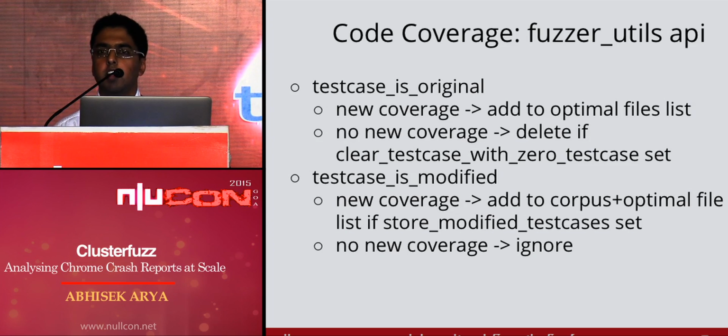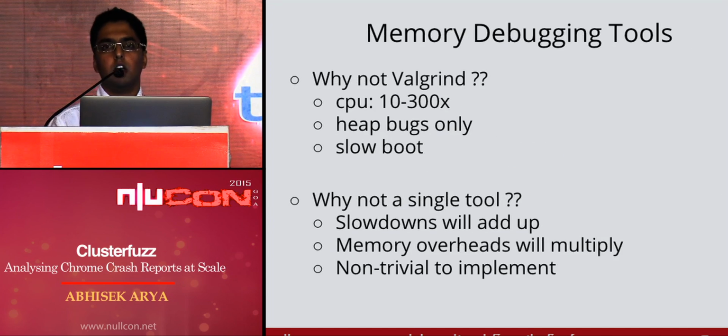The reason being it's extremely slow for fuzzing, at least on average a 20x slowdown. And test case minimization is next to impossible because that can need up to 100 or even thousands of iterations. So instead, we use all these memory debugging tools.